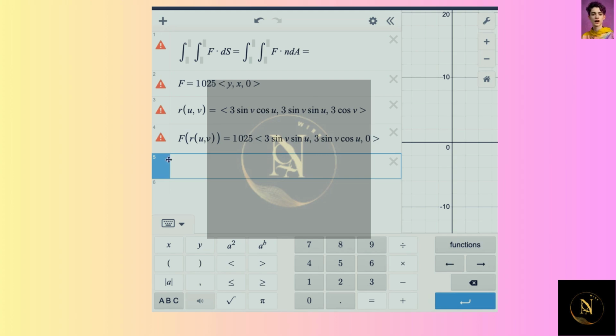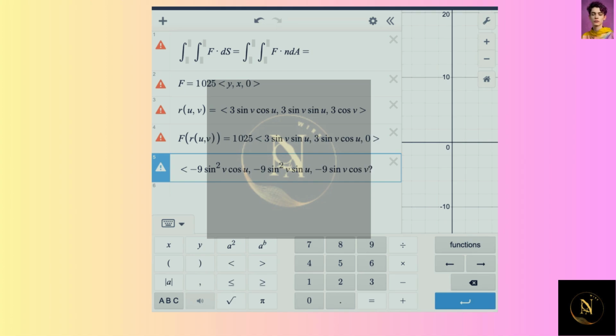So when we take that cross product, what we end up getting is a vector (-9 sine squared V cosine U, -9 sine squared V sine U, and -9 sine V cosine V).